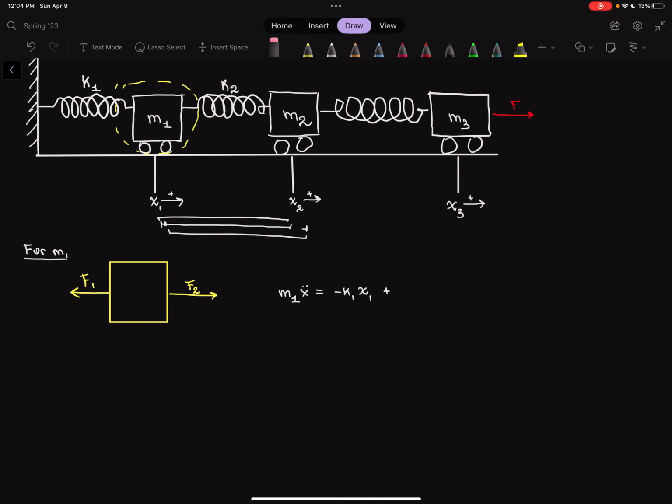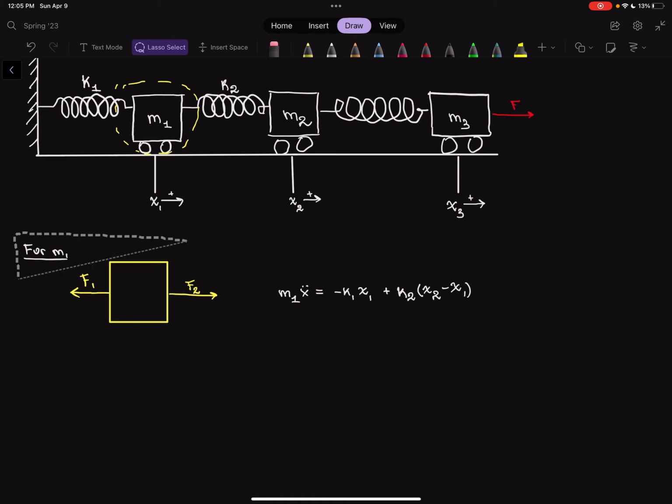And right now we just have K2 times x2 minus x1, because there's a net effect. So if I put K2, that's going to be x2 minus x1, and that's going to be our first mass.